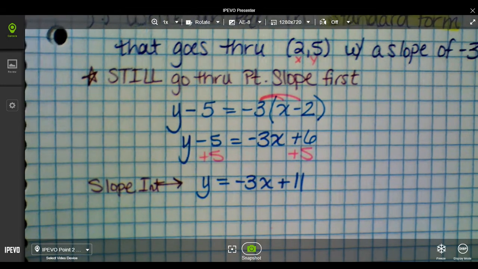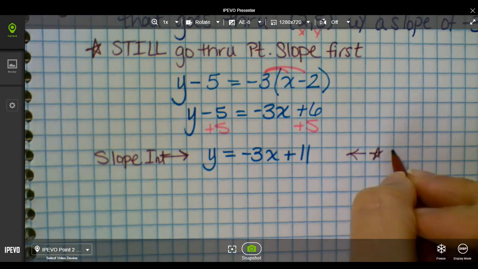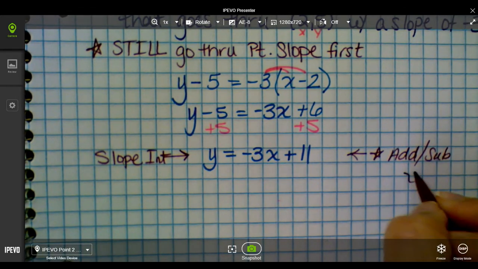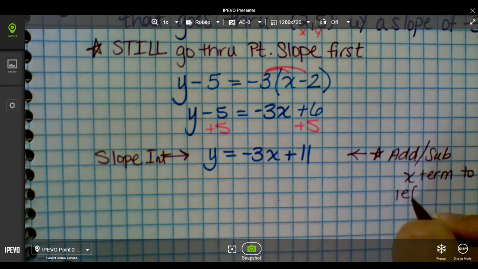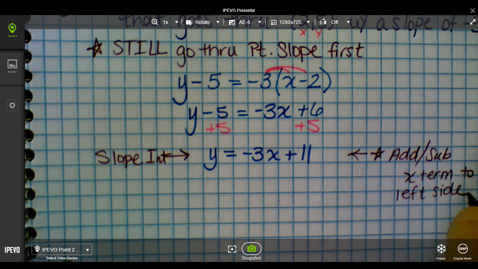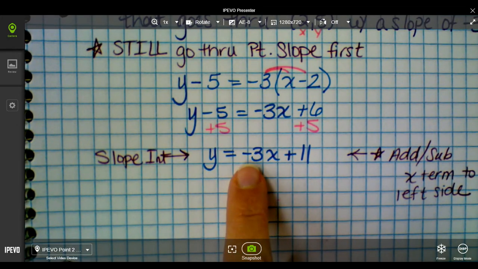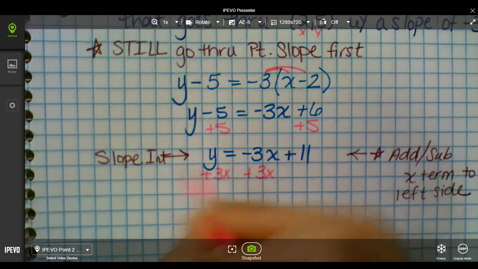So remember, to go from slope-intercept form to standard form, all you have to do is add or subtract the x term over to the left side. So since it's negative, I'm going to add it. So plus 3x plus 3x.